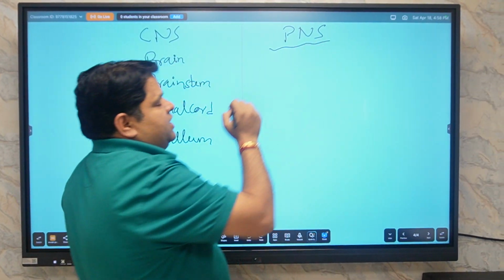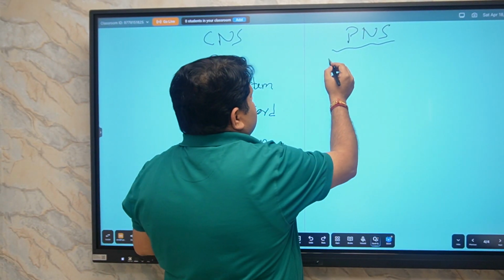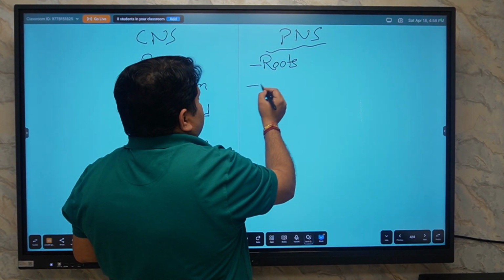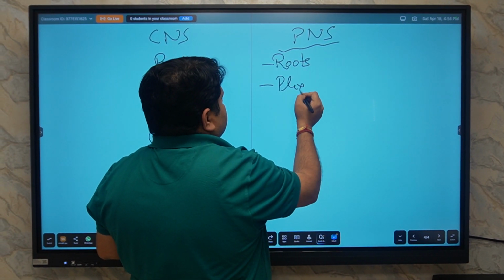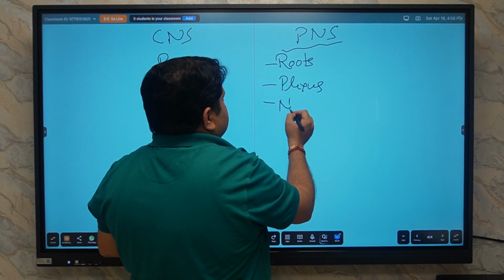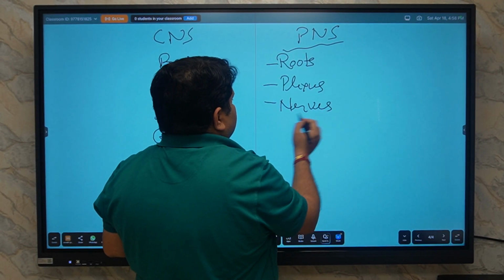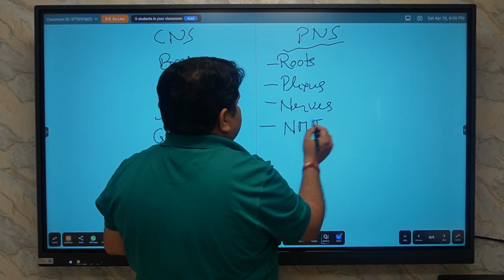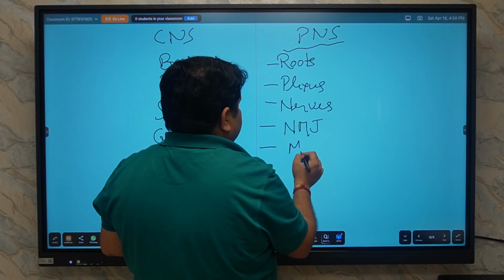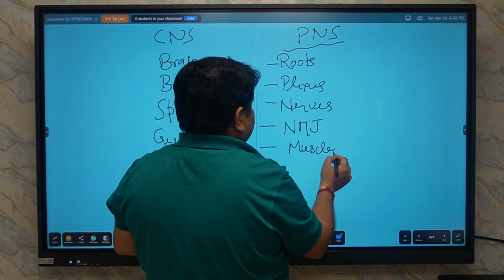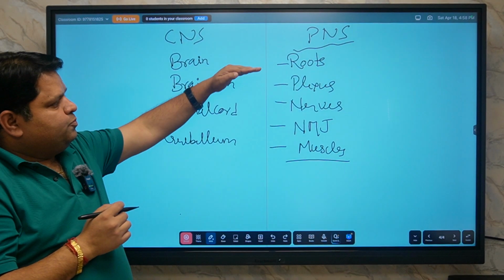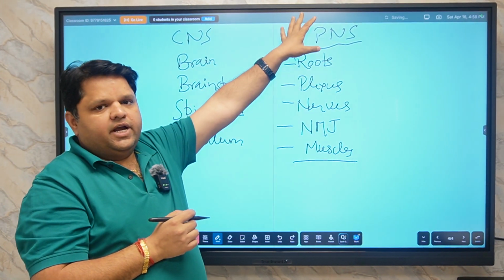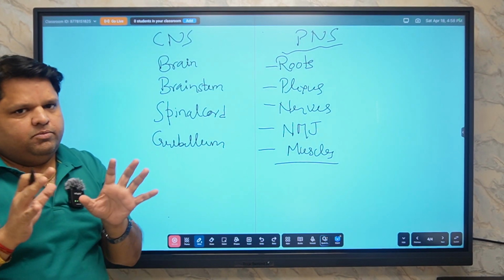Then we have the peripheral nervous system, in which we have the roots. So any lesion in the roots, in the plexus, in the nerves, in the neuromuscular junction and in the muscle, these are considered in the category of peripheral nervous system lesion.